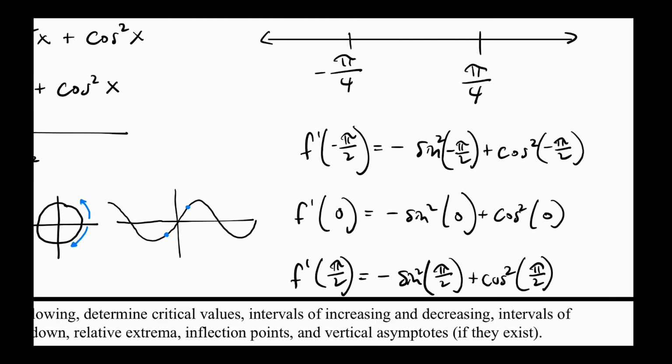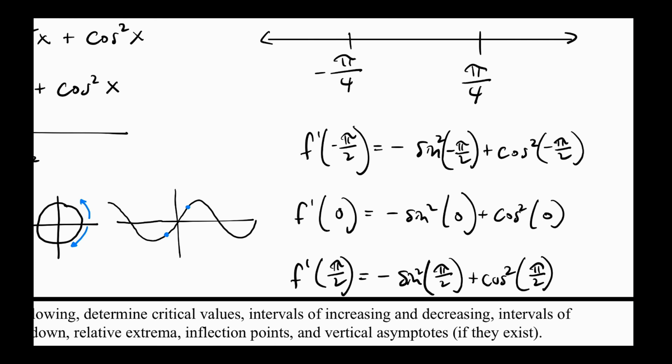Negative pi over 2 and positive pi over 2 and 0, because they're left of those. But you can check in between them, you can check pi over 6, you can check pi over 3, greater than pi over 4. Those are the ones I checked because those are the ones I chose.